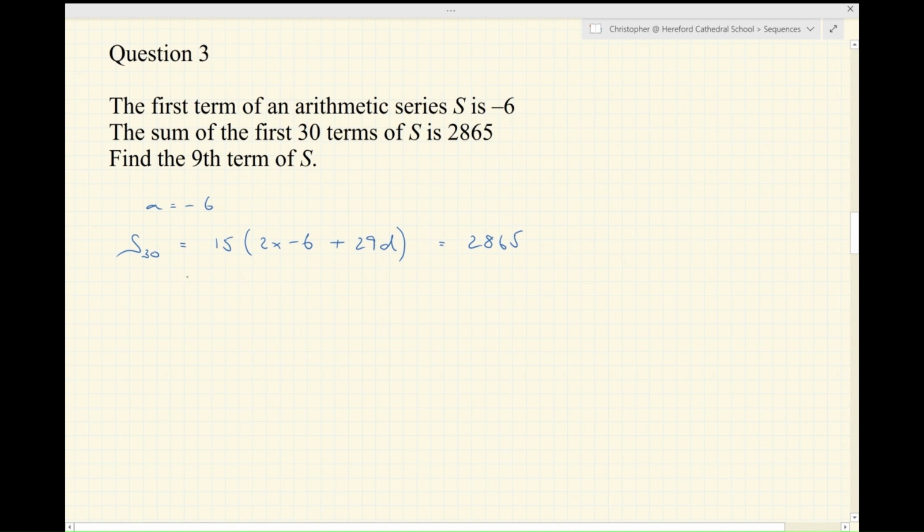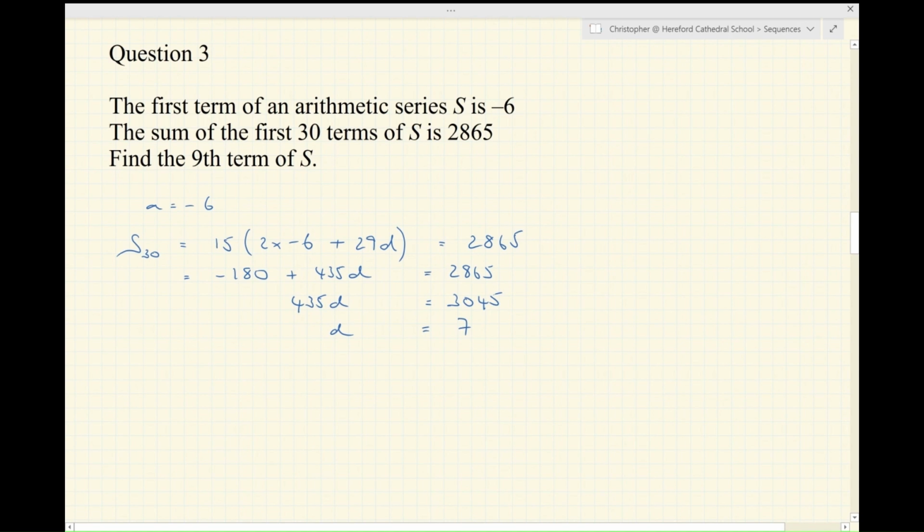So I'm going to get an equation here which will enable me to find d. I've got minus 180 plus 15 times 29, 435d, equals 2865. So add 180 to both sides. 435d is 3045. Divide both sides by 435, and d is 7.